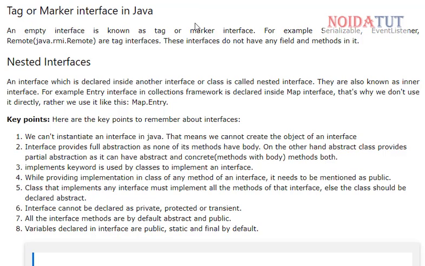While providing implementation in a class of any method of an interface, it needs to be declared public. A class that implements any interface must implement all methods of that interface, else the class should be declared abstract. An interface cannot be declared as private, protected, or transient. All interface methods are by default abstract and public. Variables declared in interface are public, static, and final by default.